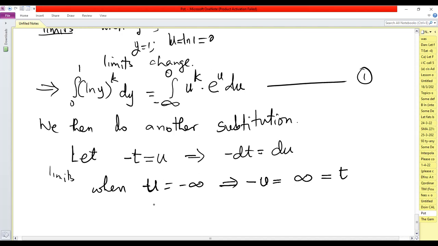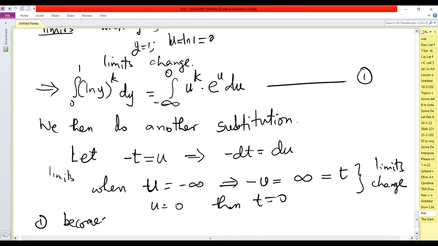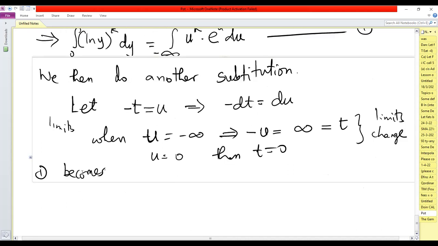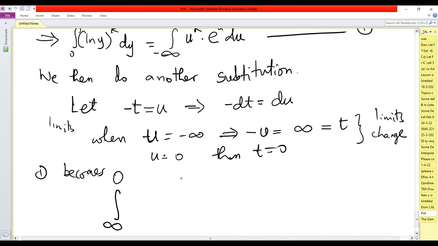And then when u is 0, then t will also be 0. So therefore now integral 1 becomes, so this means that limits change, the integral from, where I had negative infinity, I now have positive infinity, and 0 remains 0.